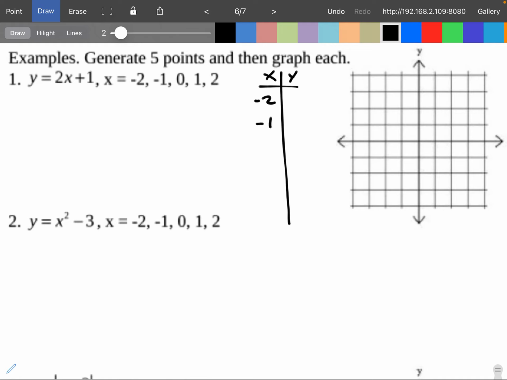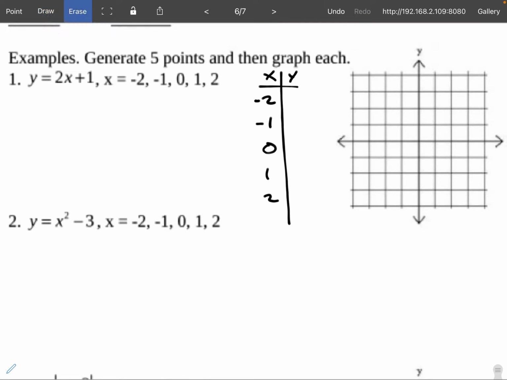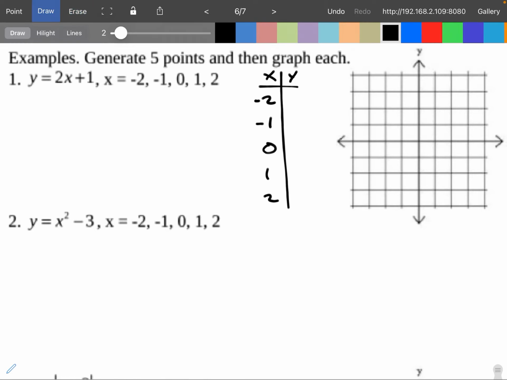So for x, we're going to put -2, -1, 0, 1, and 2. Like that. I guess I should have extended those a little bit.